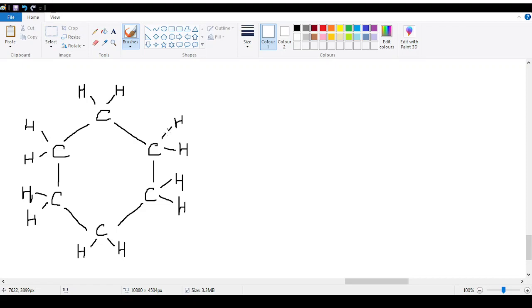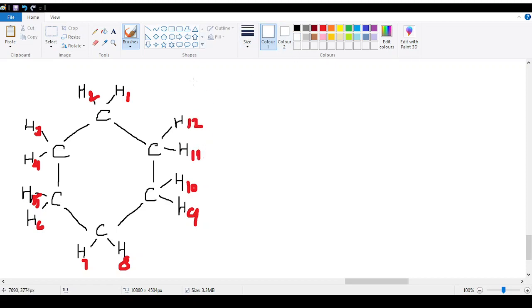consider one of them. Which hydrogen? Let me label them for you. Consider the hydrogen: one, two, three, four, five, six, seven, 8, 9, 10, 11, 12. So there are 12 different hydrogen atoms, right?